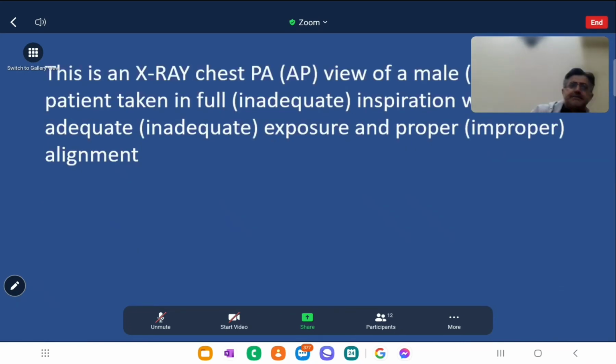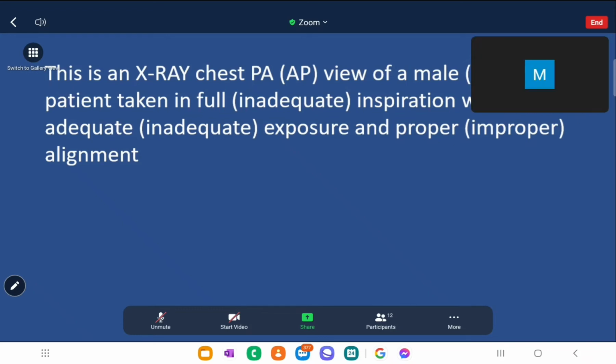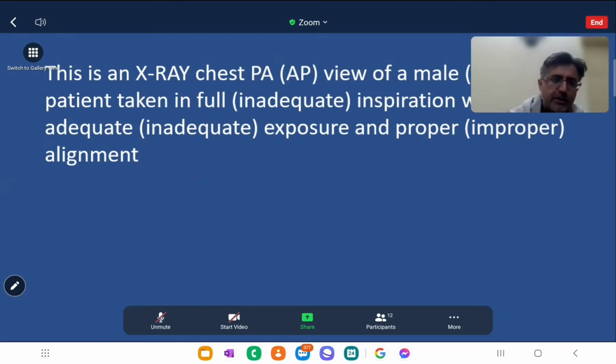So you must have done in your previous sessions or even in final year that while describing certain X-rays, you need to know whether this is an X-ray chest, PA view or AP view. I expect all of you to know what an AP view and a PA view are. Similarly, if the child is an adolescent, you can even figure out whether it is a male or a female child.